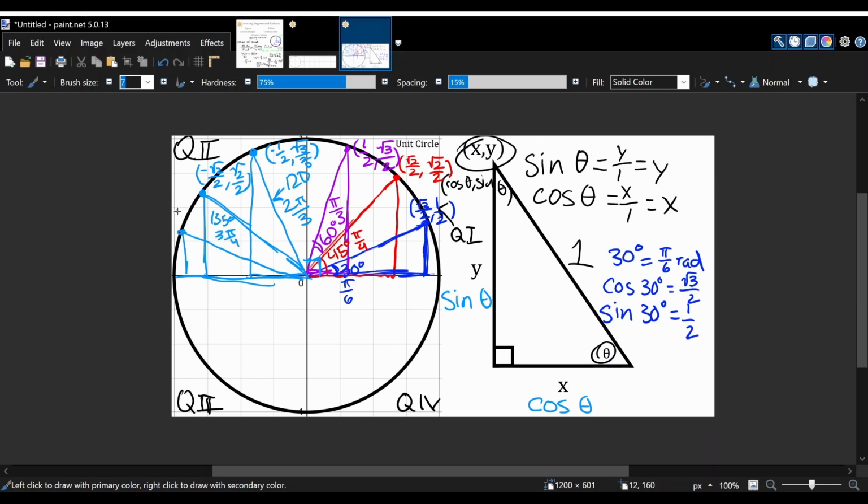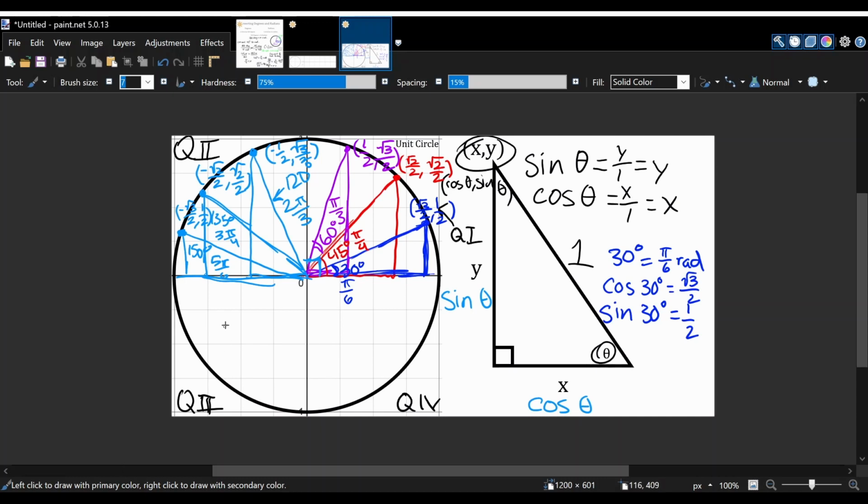And here is going to be negative square root 3 over 2, and then 1/2. And that's going to be equal to 150 degrees, or 5 pi over 6 radians. And you might be able to figure out the rest of this unit circle on your own.